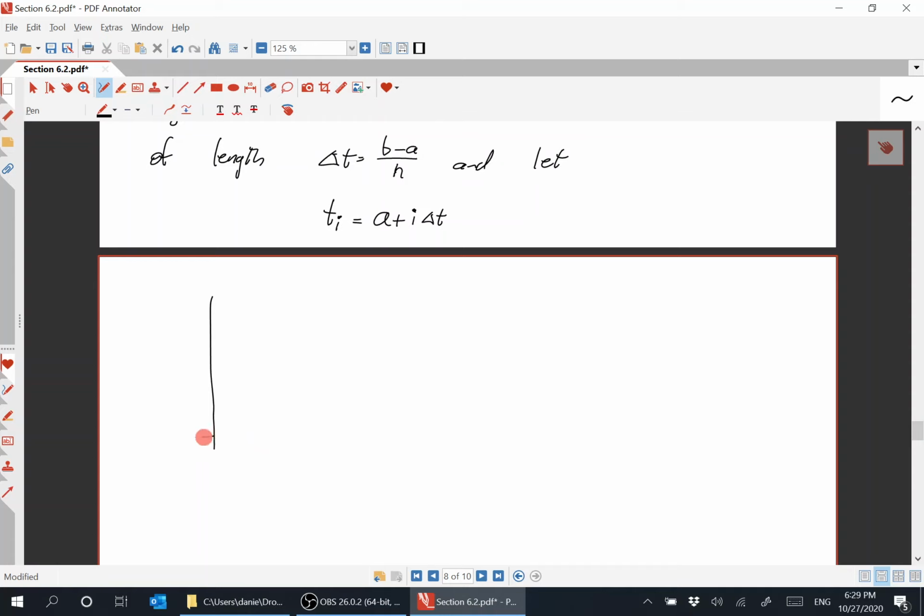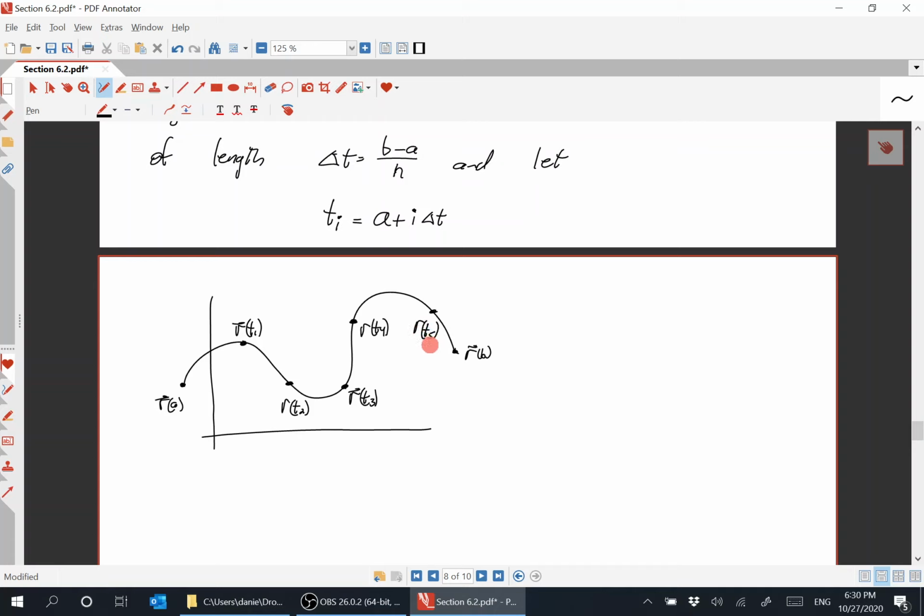Again, I'll draw stuff in 2 dimensions. We've got our curve traveling from here. That's r of a. This is r of b, and we're going in that direction. r of t1, r of t2, r of t3. We've got all these points along the curve.